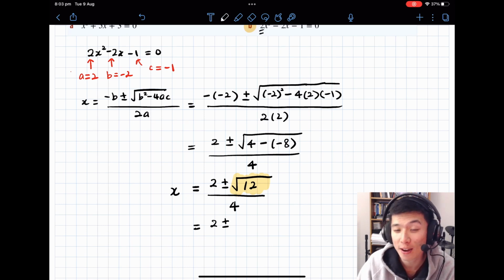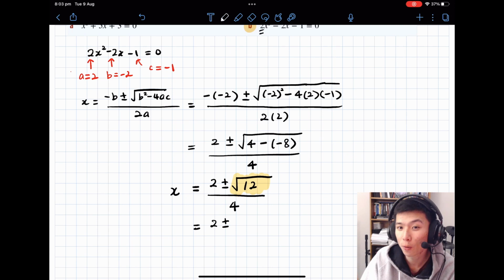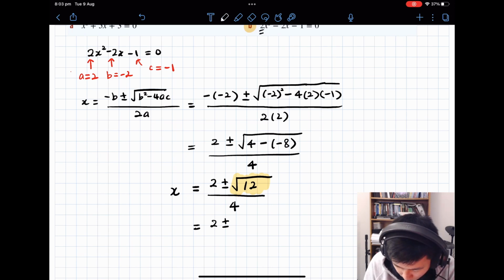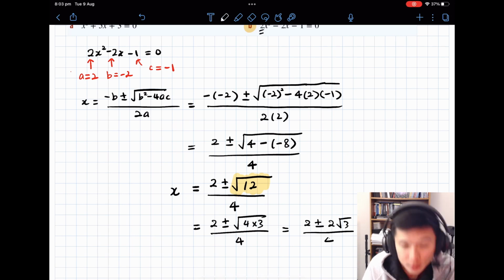What is a square number that is a factor of 12? 4, right? And so when that 4 is factorized out of that square root, what do we get? We get 2 plus minus 2 root 3.